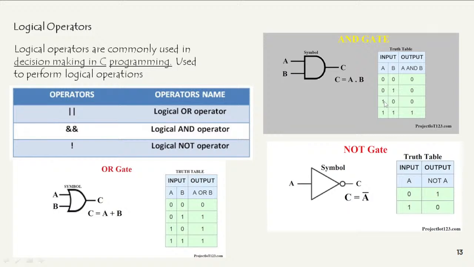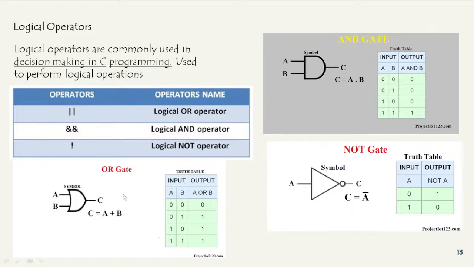The first condition is true and the second condition is false, so it will return the output as false. Whenever in the C programming language you want to make a decision logically, depending on your requirement, we can use any of these three operators.